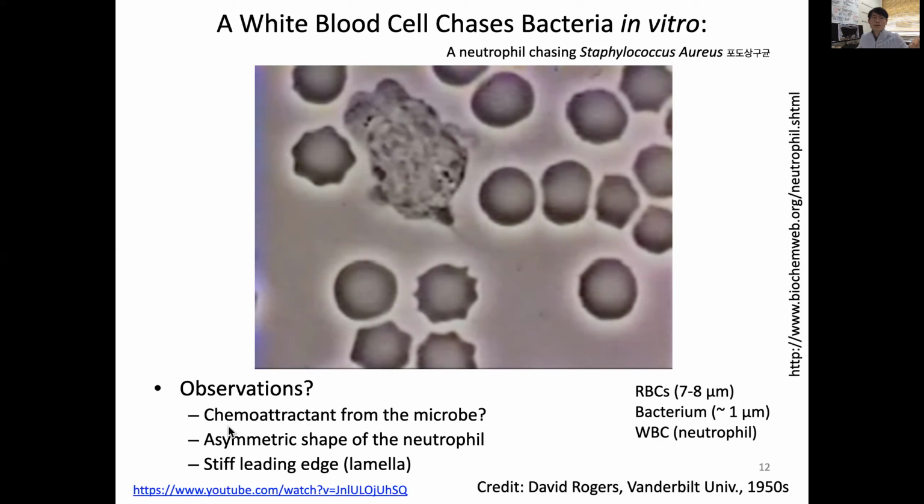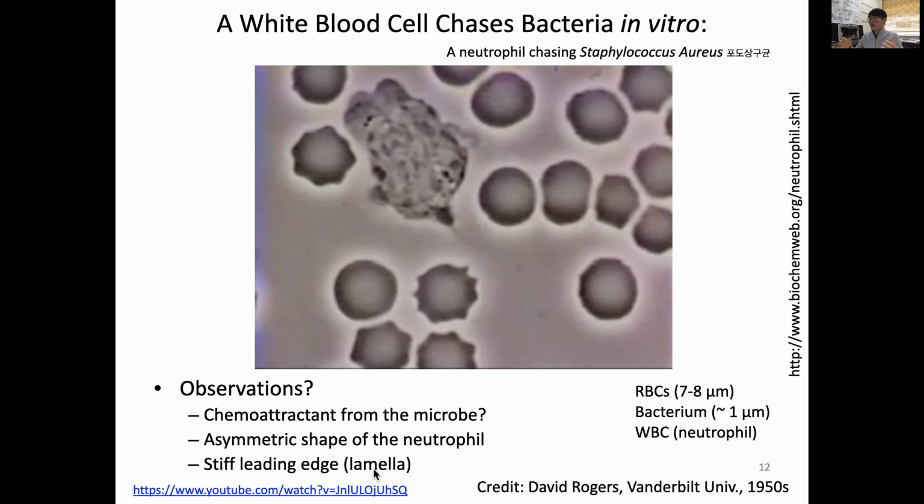That material could be a chemoattractant from the microbe, so that the white blood cell somehow senses where the bacterium exists. Also, another interesting thing is that this white blood cell has polarity, with a leading edge which is chasing, and it also has a tail. That leading edge is called lamella, or multiple lamellae, and it's kind of stiff, and it can actually push the red blood cells.